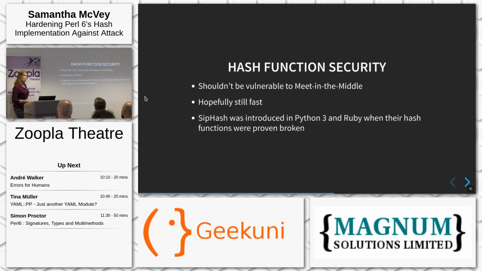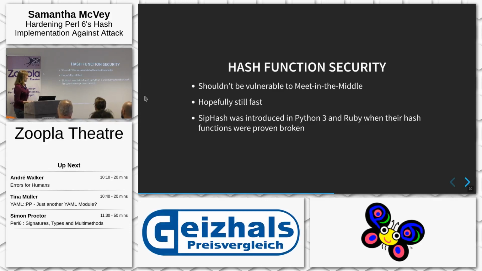And so what do we want from a hash function? It shouldn't be vulnerable to meet in the middle. And hopefully it's still fast. As you saw before, I stated how the MoarVM's hash function, even though it was easy to reverse, had so many state variables that it was not effective to try and find the exact same three 32-bit values once you have that dictionary.